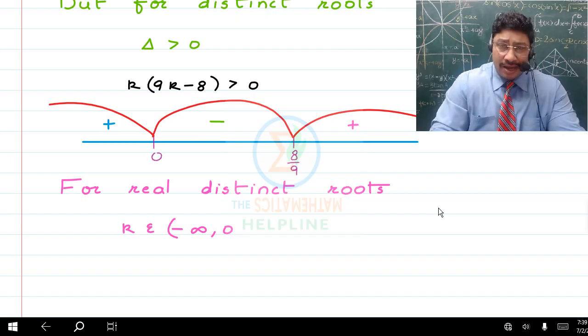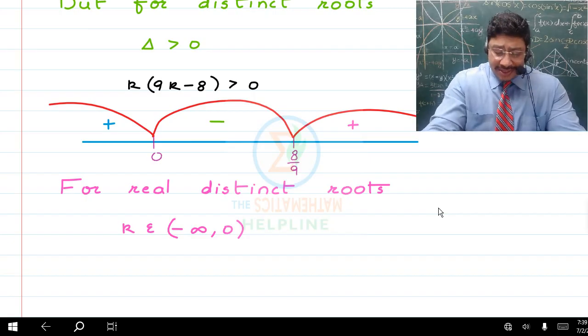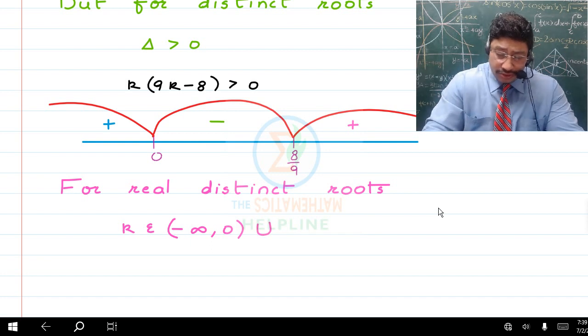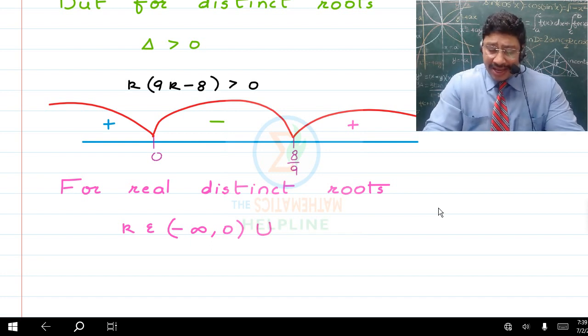As such, we'll put up an open bracket, and then 0 is again not approachable because there's no equal to sign here. As such, this is one of the portions, and except that we also have the portion which is beyond 8 upon 9.